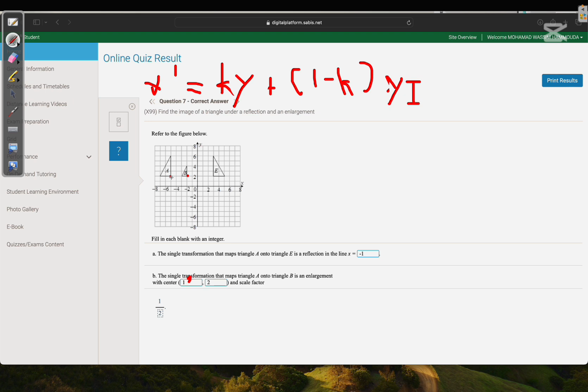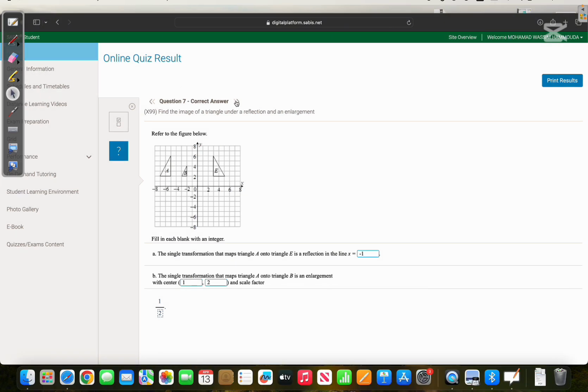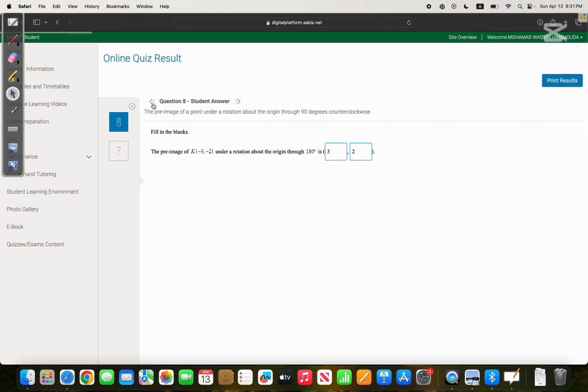So does the final. So 2 is equal to half times 2, which is 1, plus 1 minus 0.5 times y. Okay, and we get that the y of the center is 2. Okay.